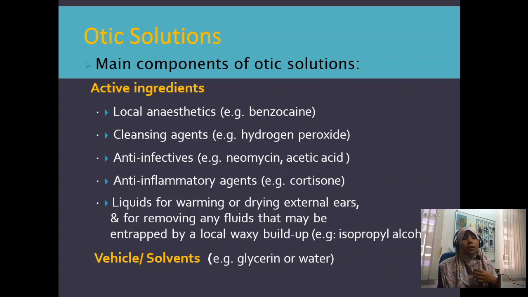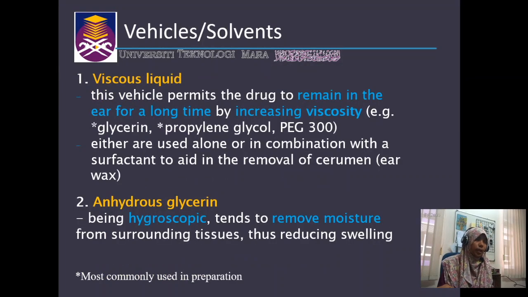And of course, the second one, you need the vehicle and solvent to carry your active ingredients. The vehicles and solvents usually used are glycerin or water. Other than glycerin and water, we have other types of vehicles such as viscous liquid. This vehicle permits the drug to remain in the ear for a long time by increasing viscosity.